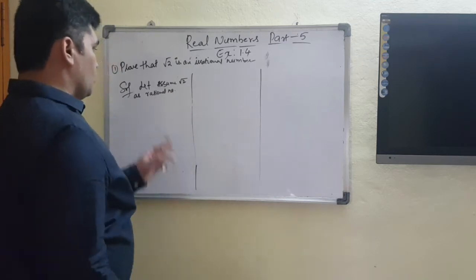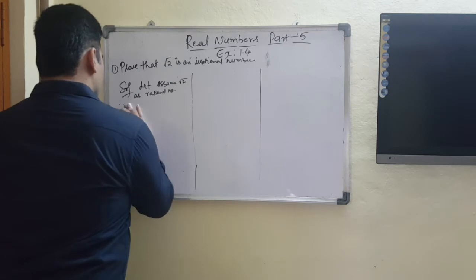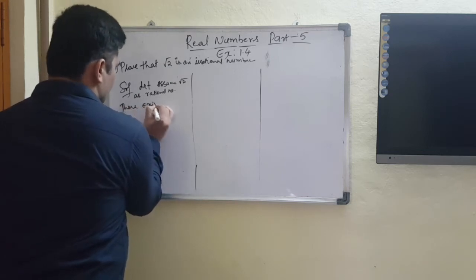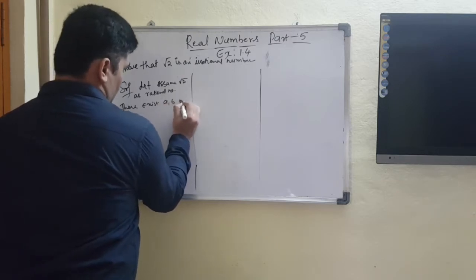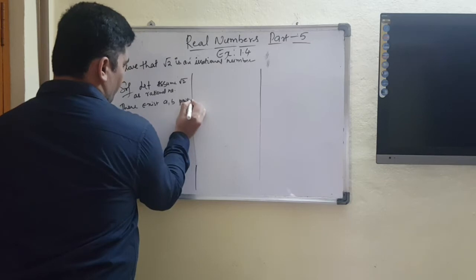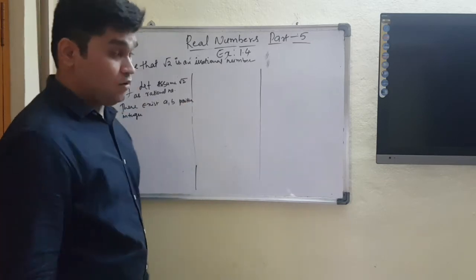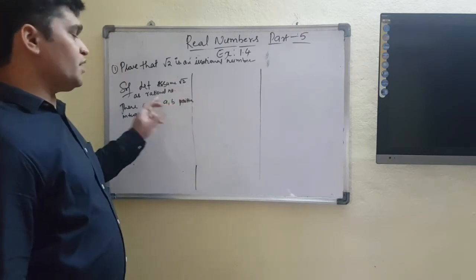If it is a rational number, there exist a and b positive integers. Why? The reason is, suppose I have assumed that root 2 is a rational number.